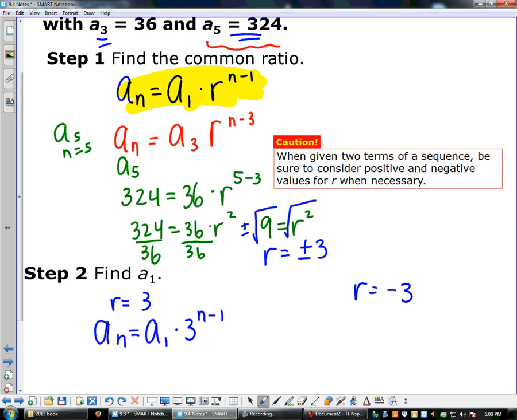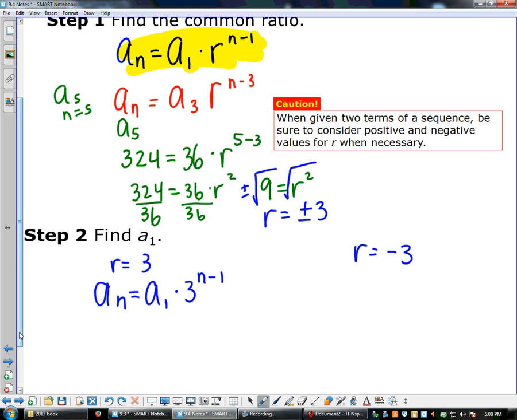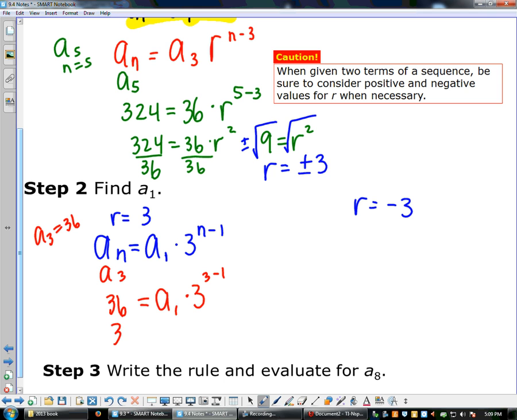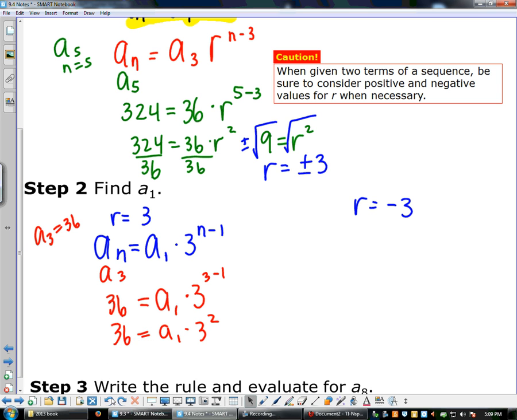So the third term, 36, is equal to the first term, which I don't know yet, multiplied by 3 to the power of n minus 1, where n is my third term. So I have 36 is equal to a sub 1 multiplied by 3 to the second. Whoops, that's what happened when you use the highlighter there.